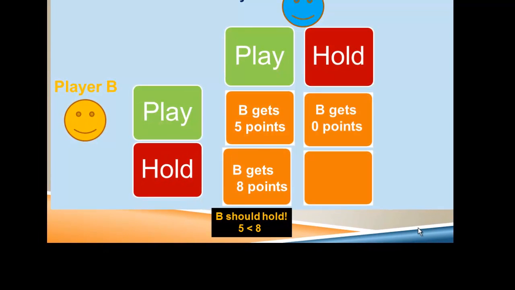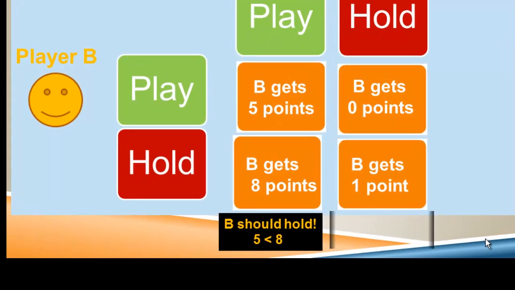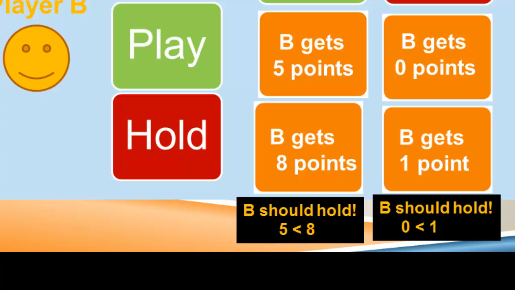Here's another option. Player B plays, but player A holds, and in that instance, B gets no points. But if B holds and A holds, B will at least get 1 point, and this means that B should hold because 0 is less than 1. So from the perspective of player B, she should always hold.